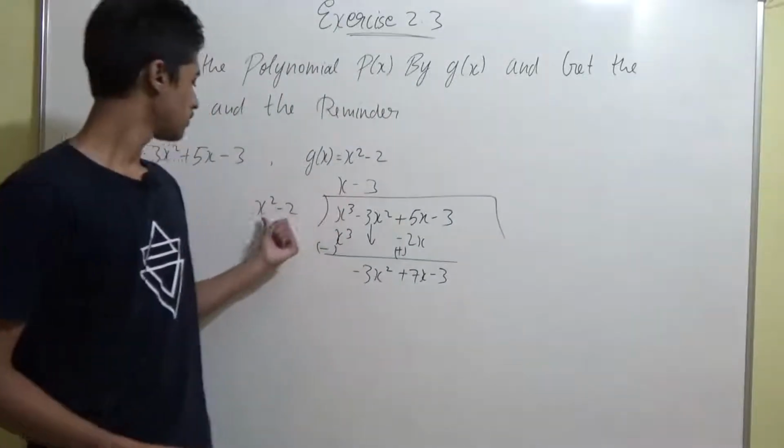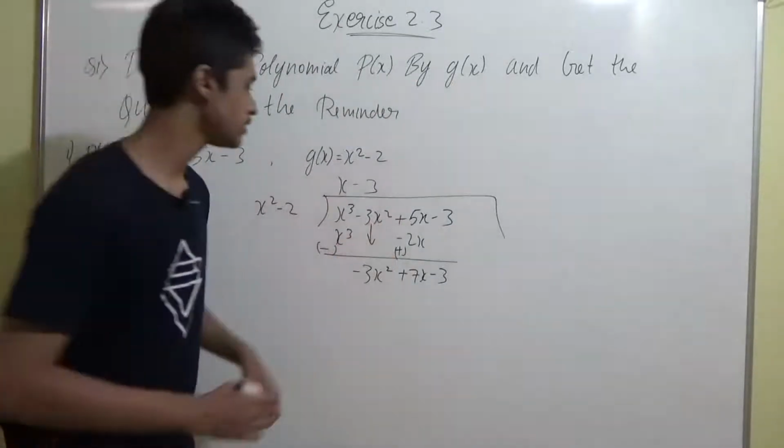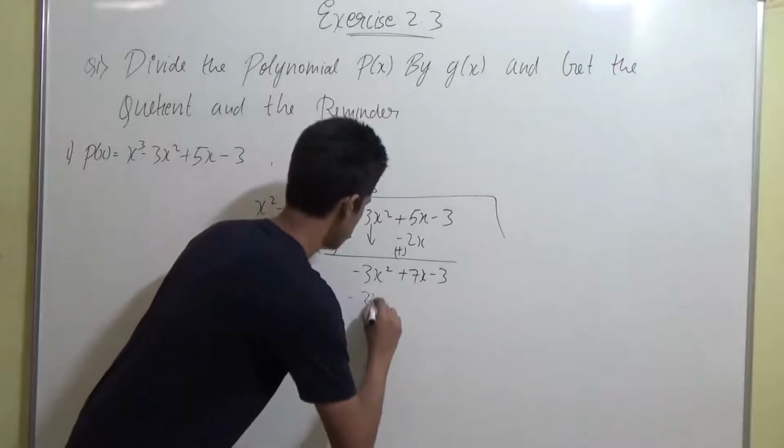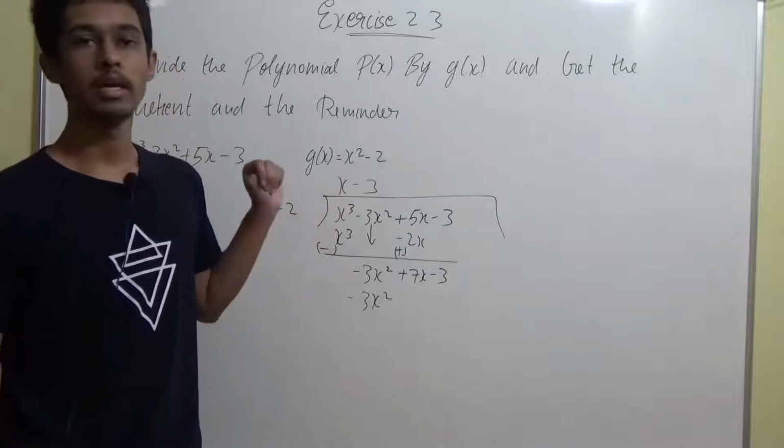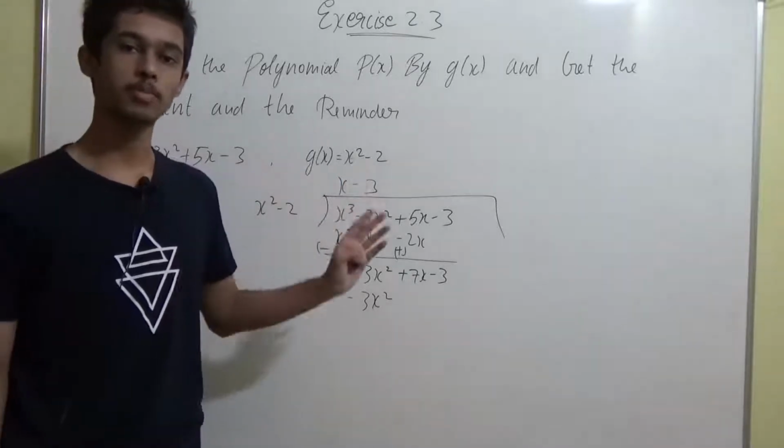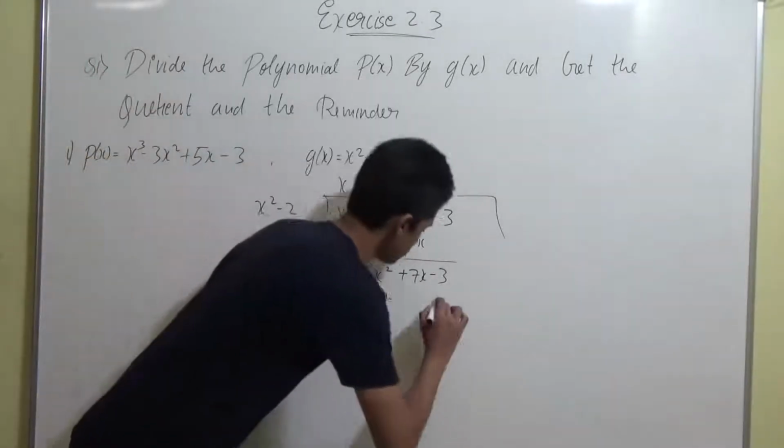So x square into minus 3 is minus 3x square. After that we are going to multiply the second term, which is minus 2 into minus 3. Minus into minus is plus, so plus 6.